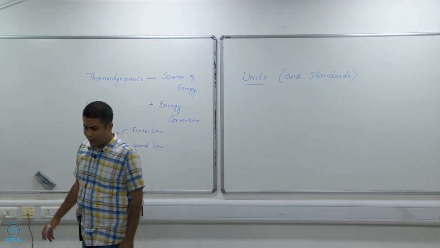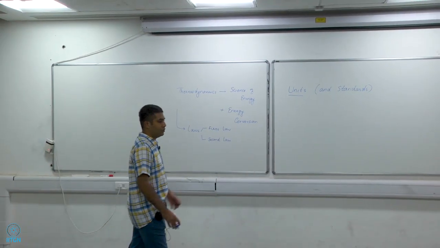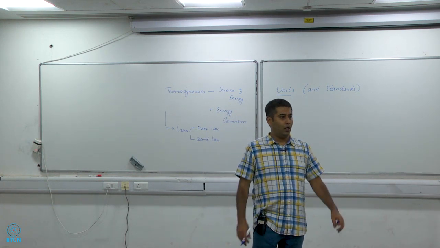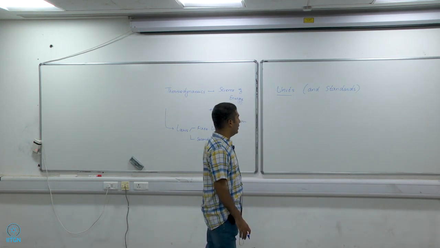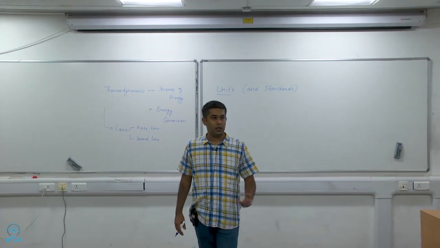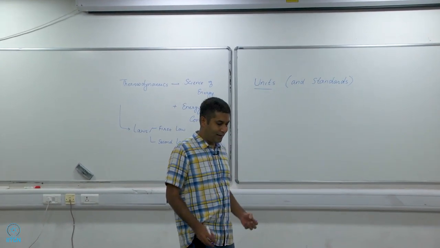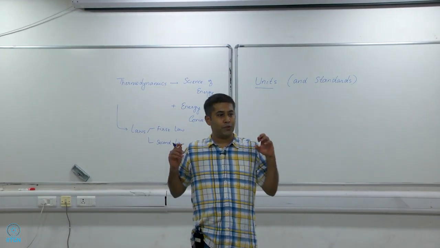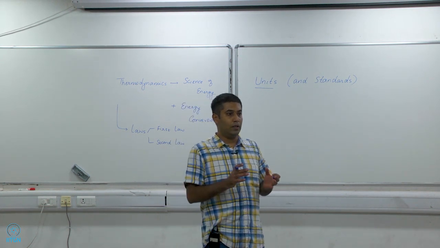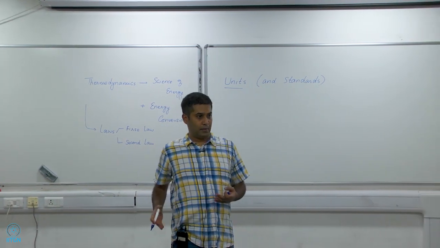So, you might say, I already know units, what's the big deal? I already know that there are units for length, units for mass, units for everything. So, what's the real need to again look at units and standards? It is very important because as scientists and engineers, we must be precise in what we say. We must be exact. We must convey exactly what we mean and not anything else.